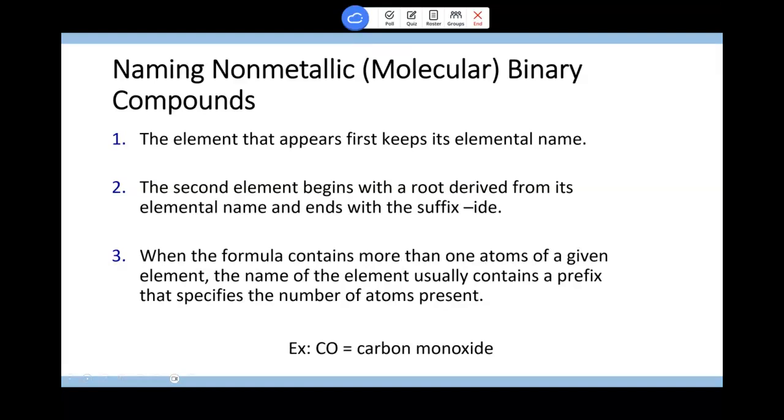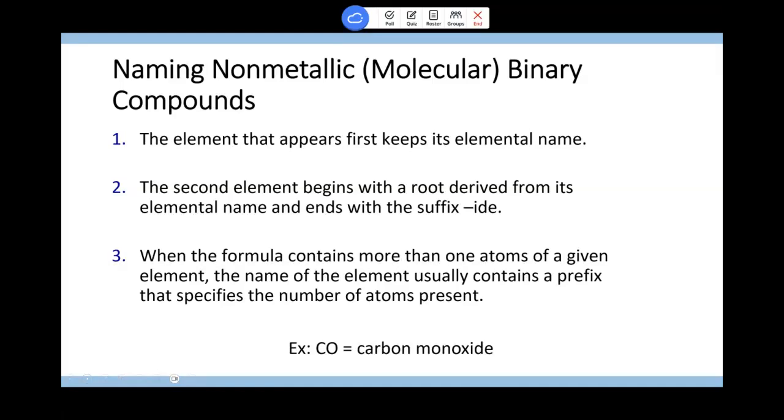So carbon is first in this representation of CO, and so carbon just stays as carbon. The second element begins with a root that's derived from its elemental name and then ends with the suffix "ide." So we have oxygen. The root for oxygen is ox, and then we have "ide" as the suffix.